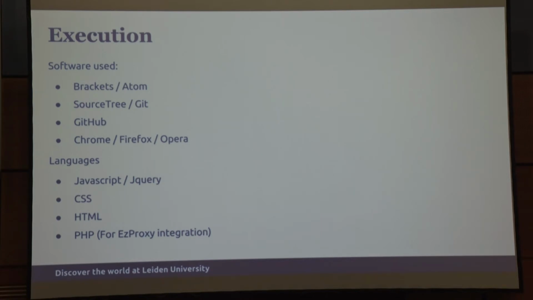The only particular thing is the PHP we are using for our EasyProxy integration. I'm going to go a bit off script here to explain how we are trying to implement it. As many of you know, we have a config.txt. Config.txt has all the URLs of the subscribed contents that are used by EasyProxy to grant access.